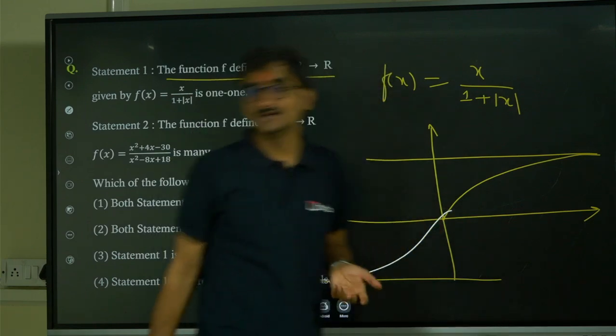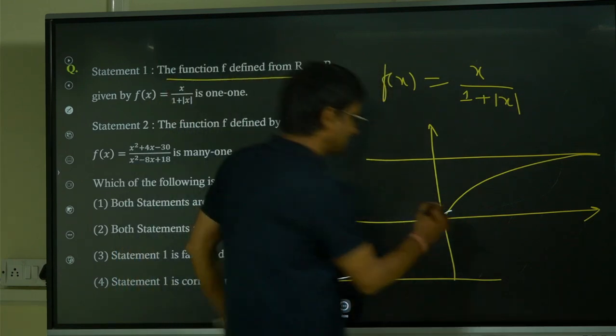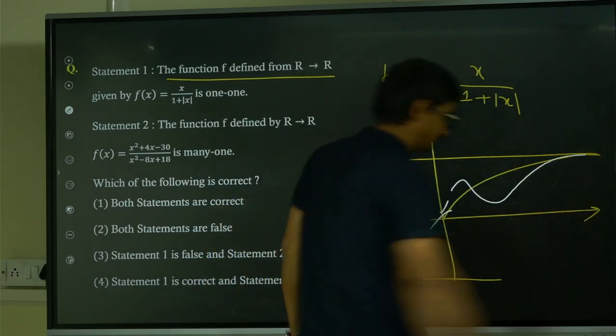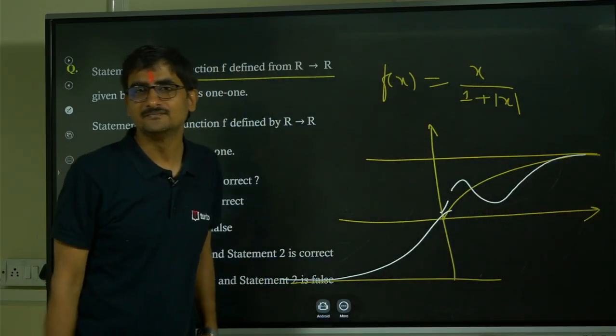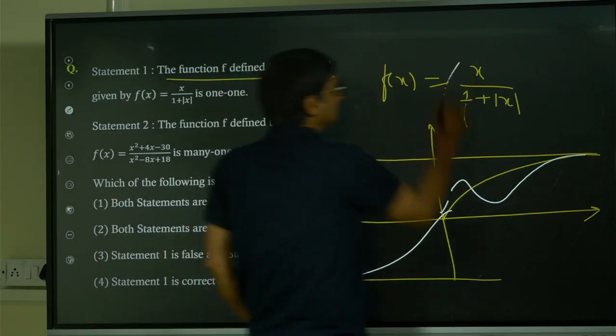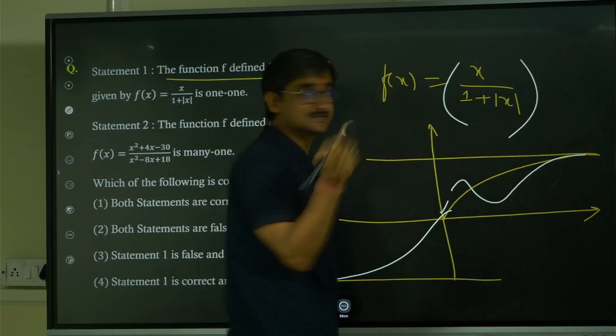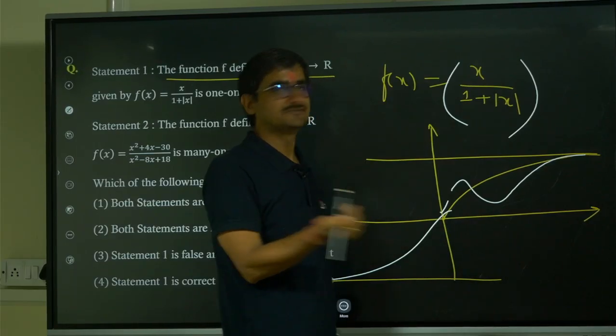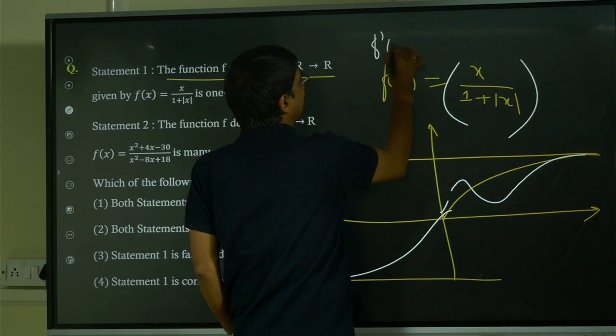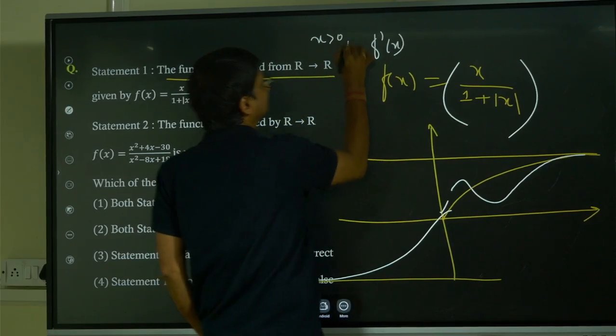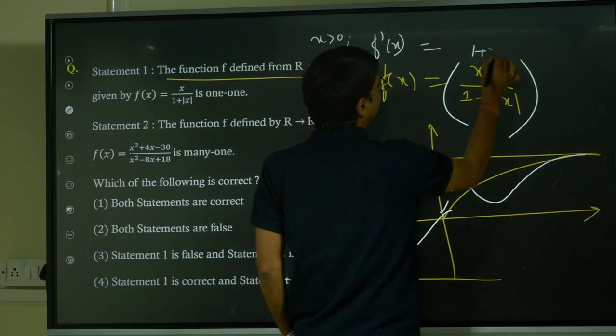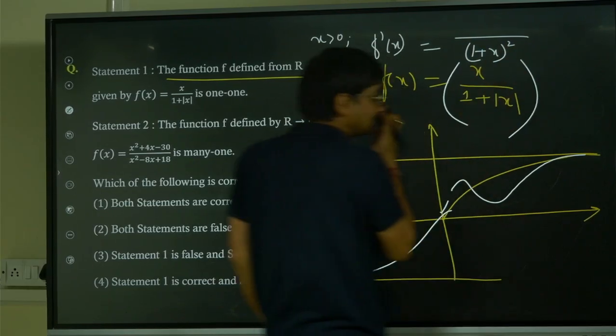Now you may definitely say, how come we know that this is not going like this? Of course, for that we need to go for the derivative. This is an odd function. So for one side, f dash x, when x is positive, is like 1 plus x whole square in the denominator, and in the numerator, what do we get?